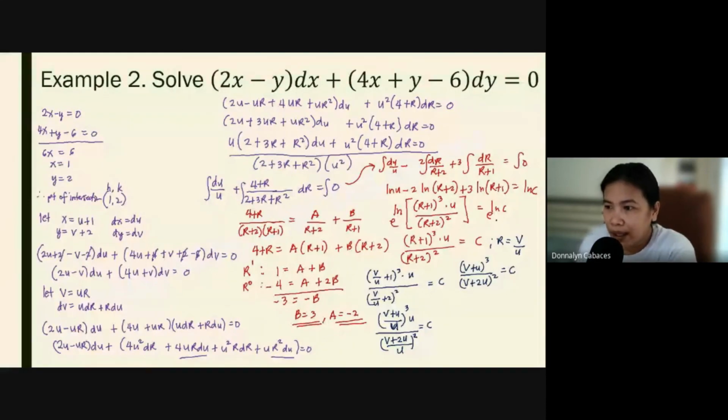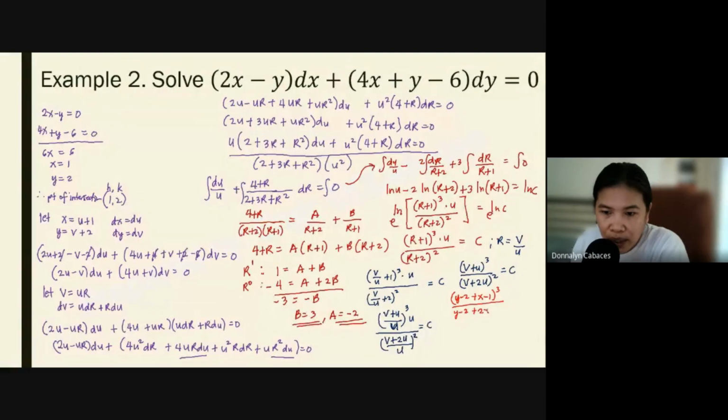Then, let us replace the U and V. What is U? X minus 1 and V is Y minus 2. So, our V, okay, Y minus 2. And our U is X minus 1. So, plus X minus 1 cube over again, our V is Y minus 2 plus our U is X minus 1.